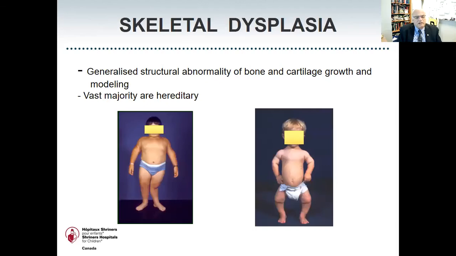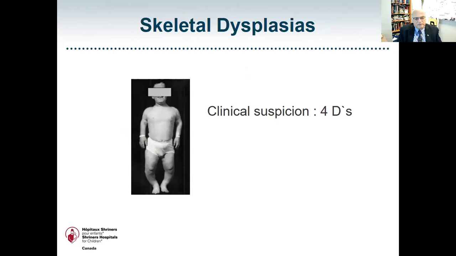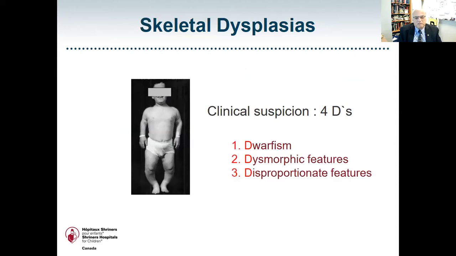Skeletal dysplasia means that there is a generalized structural abnormality of bone and cartilage growth and modeling. The vast majority of these cases are hereditary. We should be suspicious of skeletal dysplasia whenever a patient presents with the 4 Ds: dwarfism, dysmorphic features, disproportionate features, and deformities.